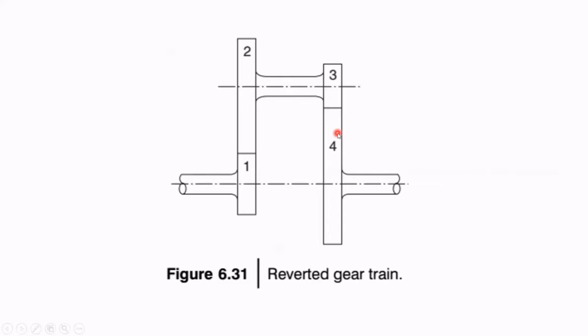Then only a reverted gear train is possible. Simply, a reverted gear train means the driver and driven are arranged on the same axis.